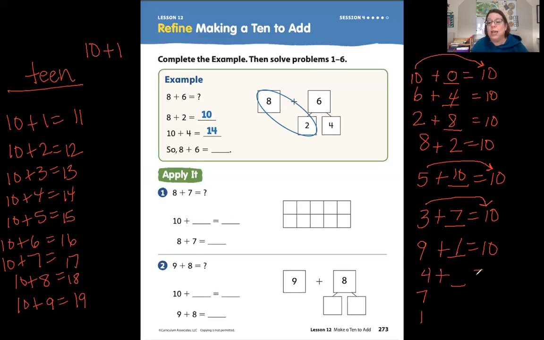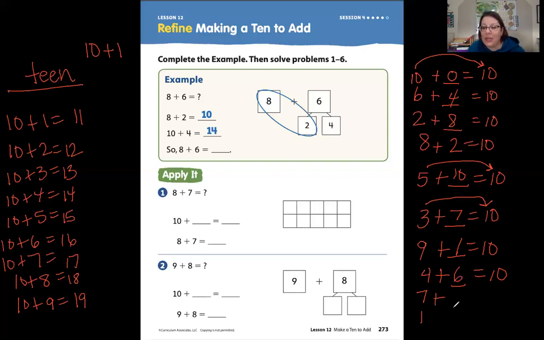4 plus what equals 10? Remember, if my numbers are less than 5, it's easier to go from the whole back to the part. So here's my whole is 10. If I take away 4, which is my part, how many more do I need to get to 10? 6 plus 4 equals 10. Good. So 6.